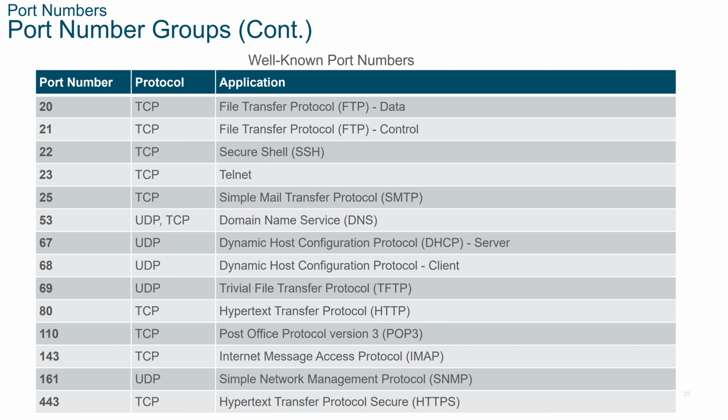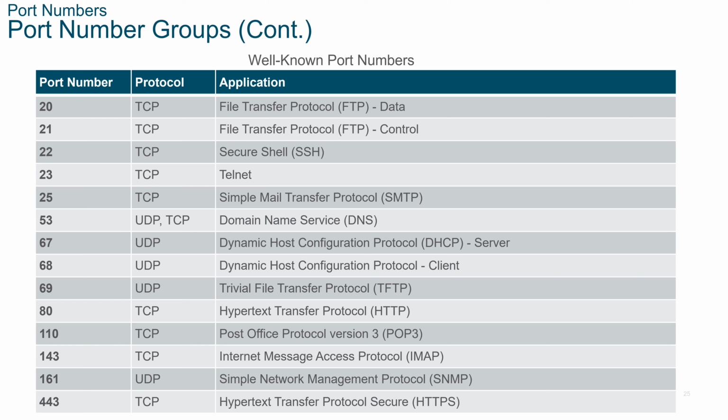Port 53 is used for UDP and TCP. Port 67 is used for DHCP. Port 68 is used for Dynamic Host Configuration Protocol clients, so the DHCP clients. Port 69 is used for TFTP. Port 80 is TCP and used for HTTP, for web access.